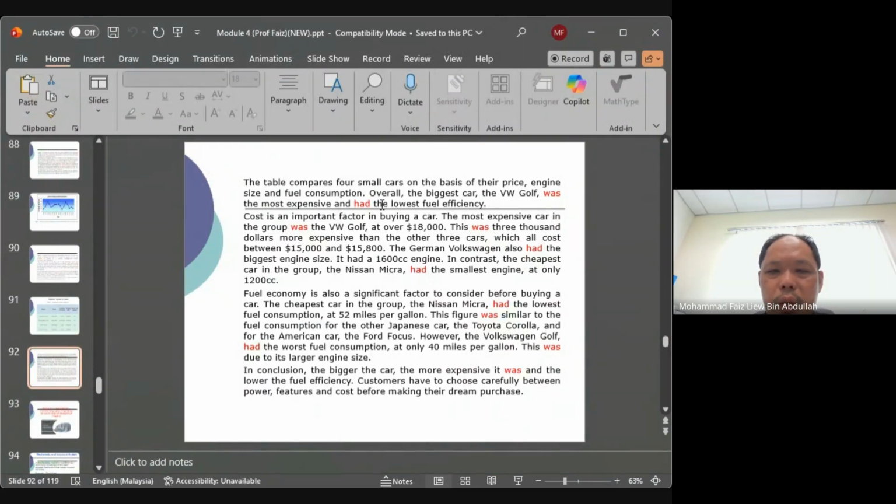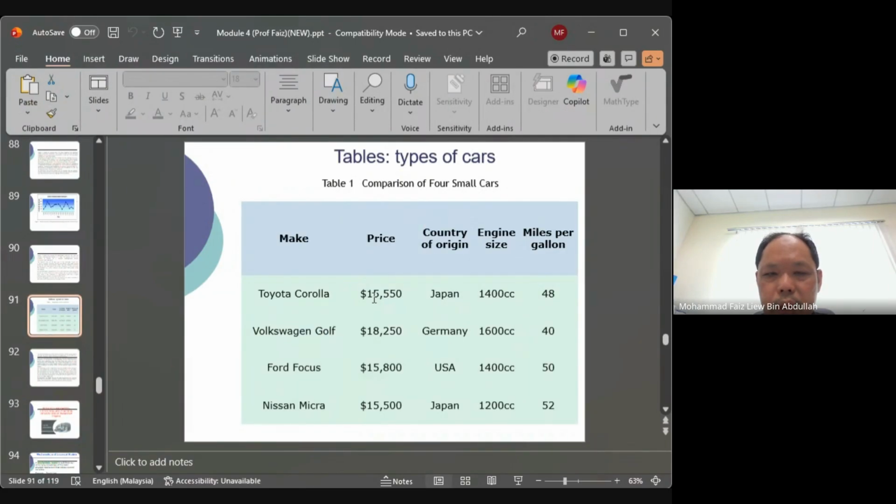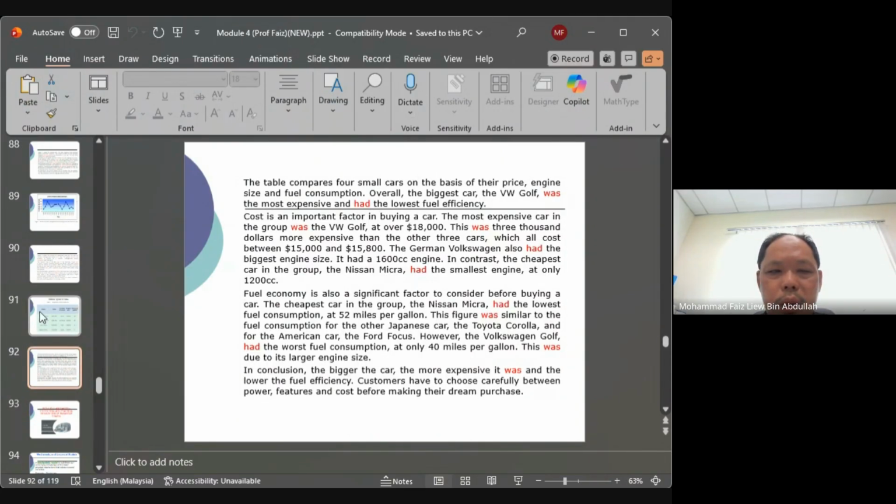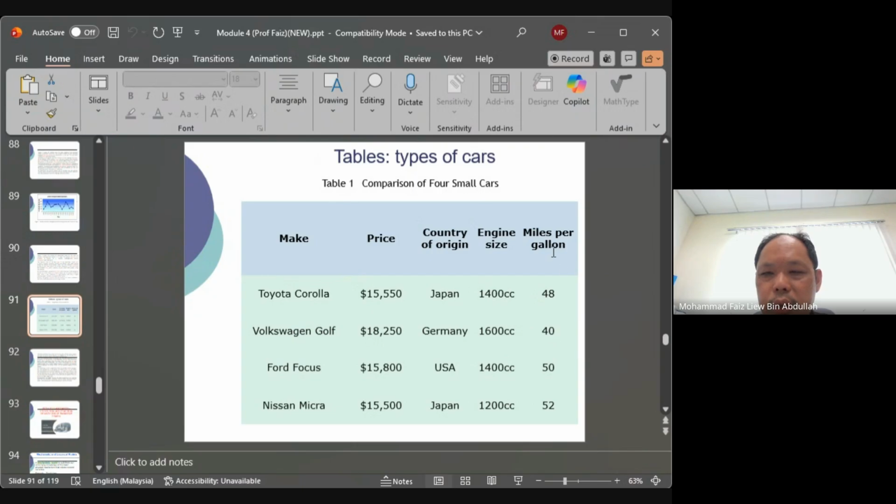You can say that overall the biggest car is the VW Golf, because it's the most expensive. Why? Because you can see its price is high and it has the lowest fuel efficiency. So this is the way you do comparison.